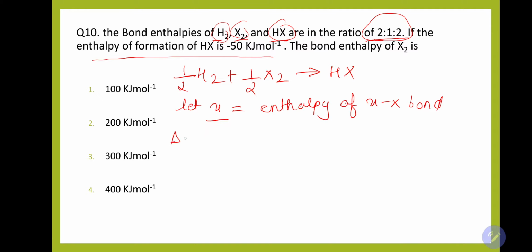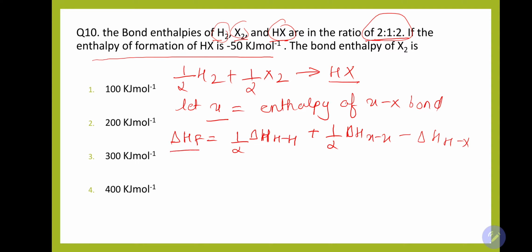Then what is the whole delta H of formation? It will be half of the enthalpy of the HH bond, plus half of the enthalpy of the XX bond, minus the enthalpy of the HX bond. What is the heat of formation given to you? It is given to you as minus 50.